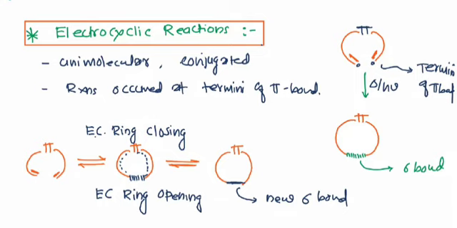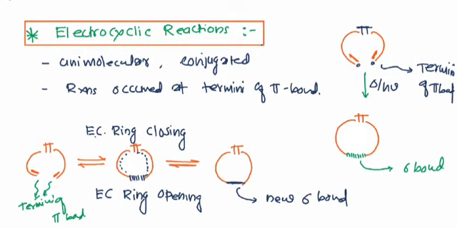And where is the termini of the pi bond? This is nothing but the termini of the pi bond. Okay, so how can you define the electrocyclic reaction? The electrocyclic reactions are nothing but the formation of a new sigma bond at the termini of a conjugated pi system.